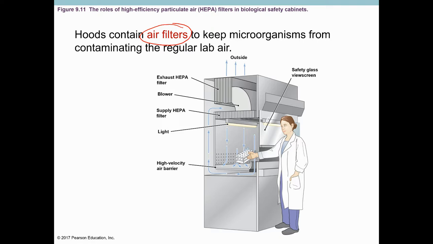But in the hood especially, there is an air filtration system that moves the air through filters. And so this is always just to trap microorganisms in the filter itself. The filter can be made of different types of materials, but conceptually it has teeny tiny pores that will trap microorganisms, and the air can pass all the way through.